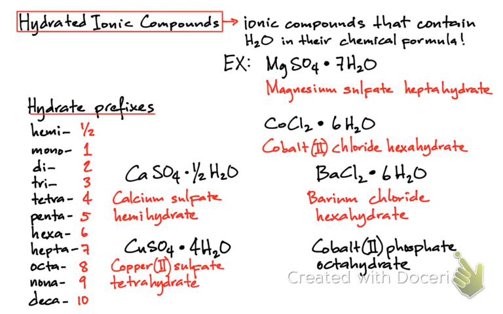And the last one here is cobalt 2, so that tells you specifically that cobalt itself has a +2 charge, and then you have the phosphate ion, which is PO4 3-. It has a -3 charge. So you do the crisscross and you get Co3(PO4)2, with 8 water molecules, because it's an octahydrate.